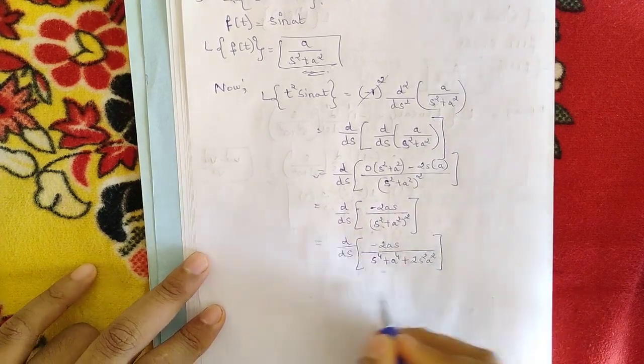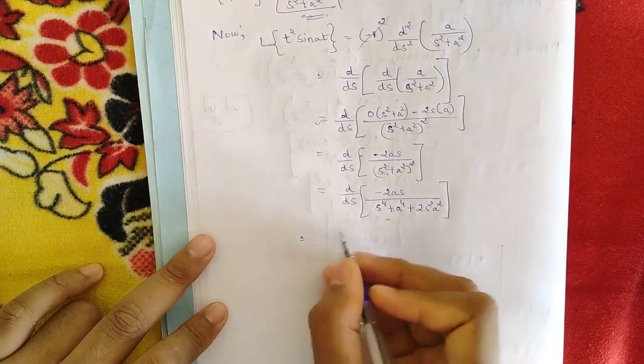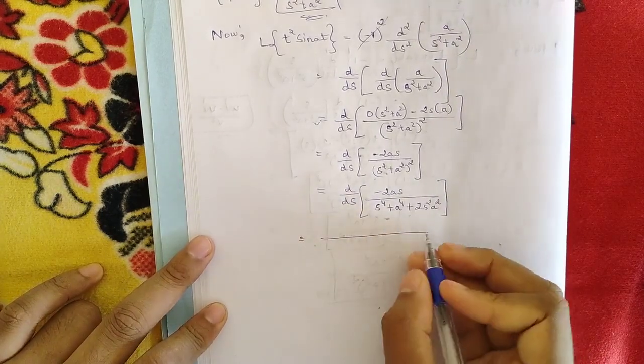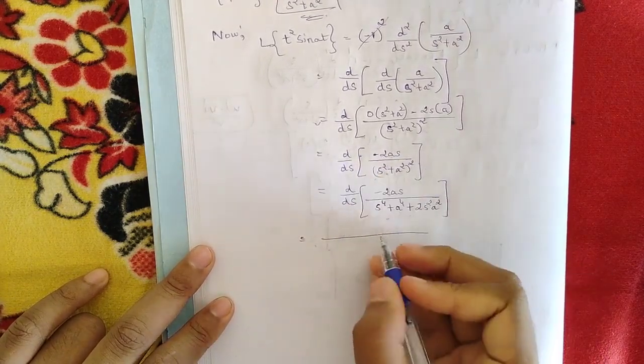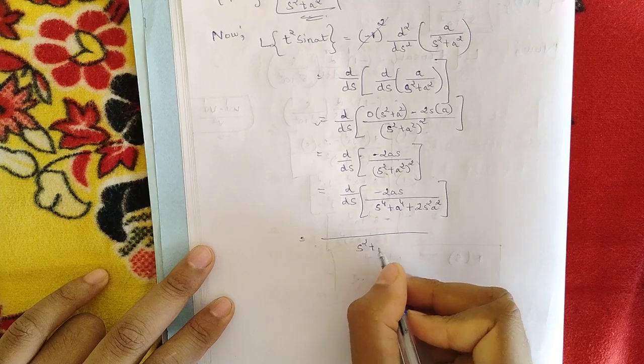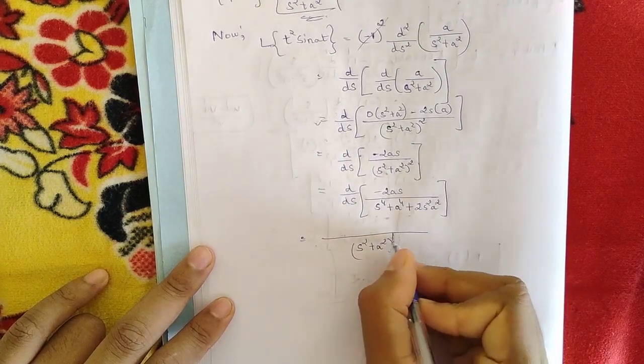Now take its derivative again, use the u by v rule here, the denominator square, that is (s square plus a square) the whole square its square, that is equal to the whole power 4.